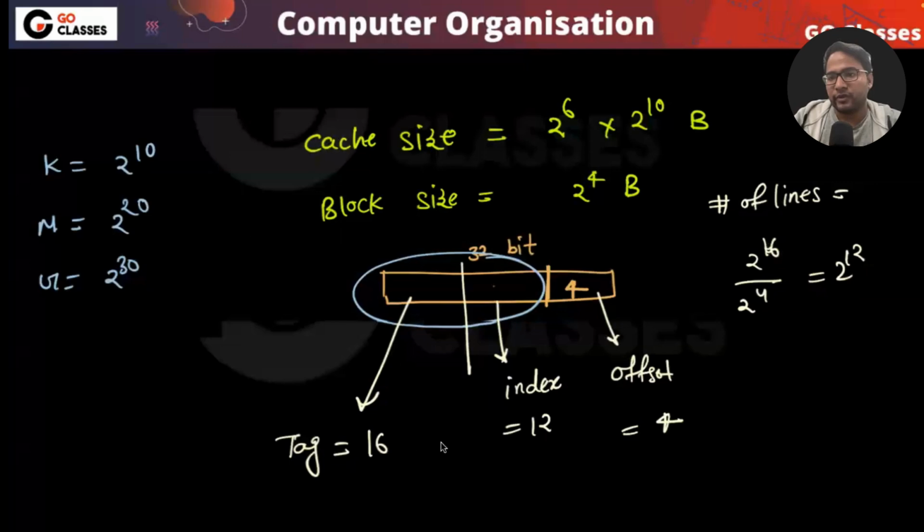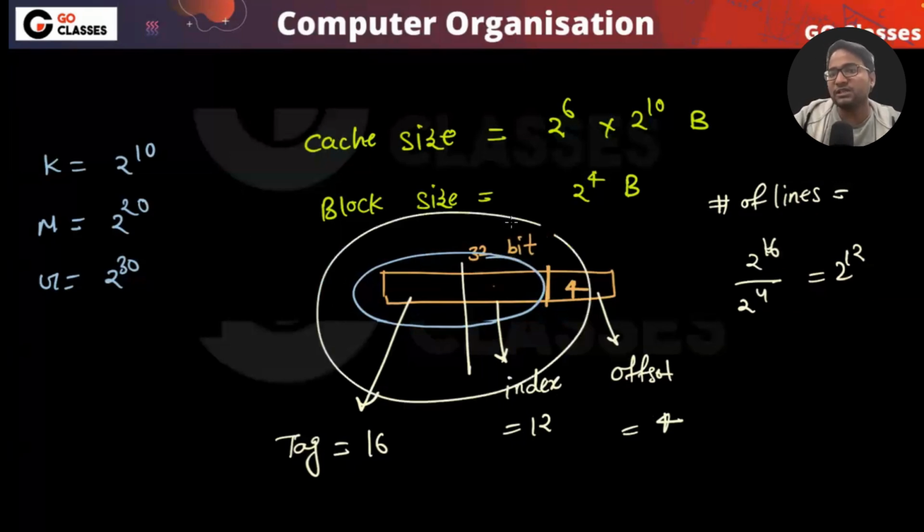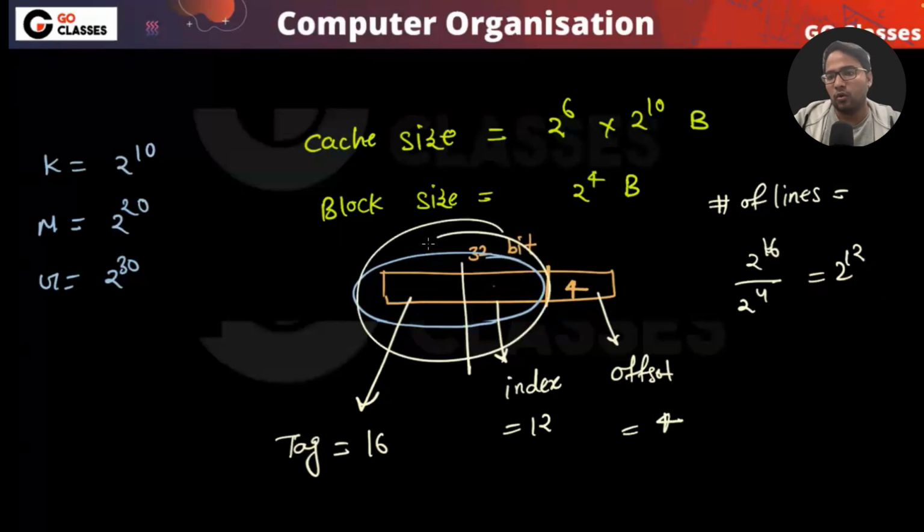Okay, understood. Cool. Tag will be 16, I hope you understood. So how are we calculating? This is index. We calculate it based on how many lines we have, because this will tell you the line number. The whole of this is a block number.